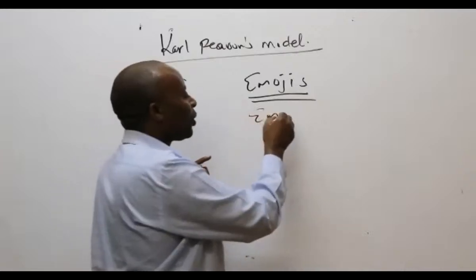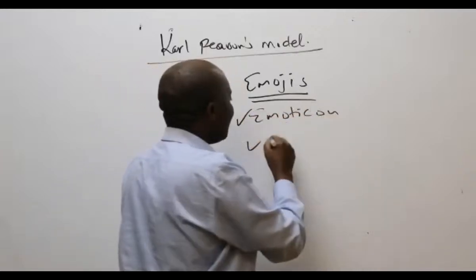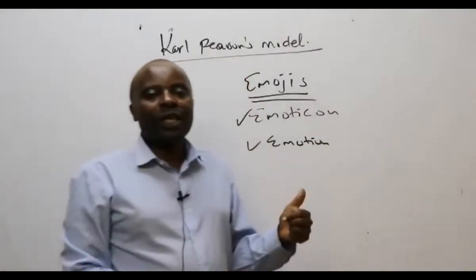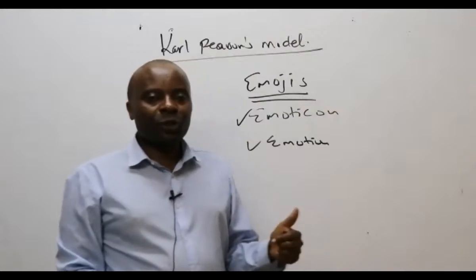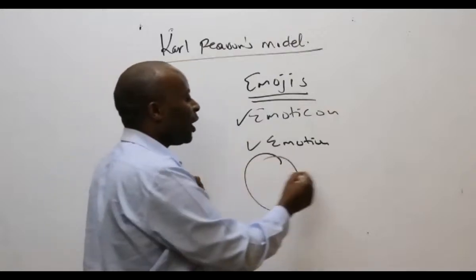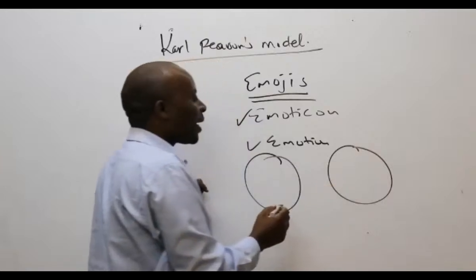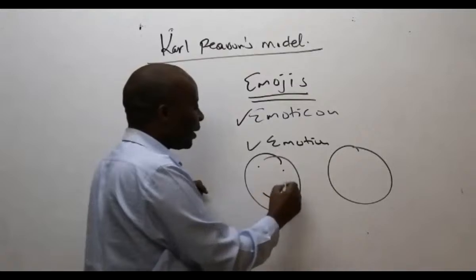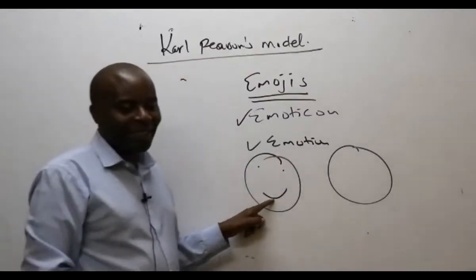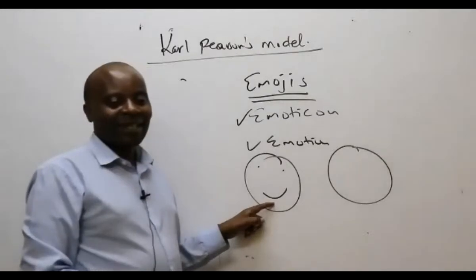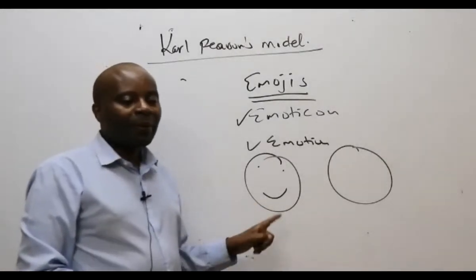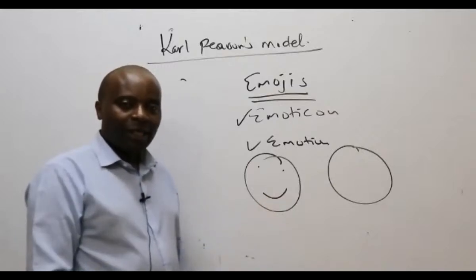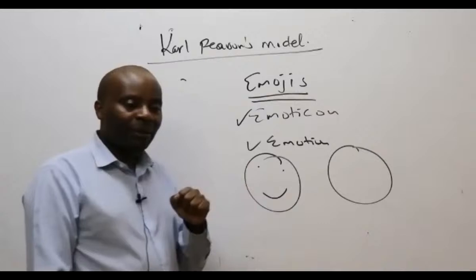Emoji comes from the word emoticon. Emoticon comes from the word emotion. So you need to know how to portray your emotions while you are in a meeting. For example, I can assure you that if you're that student who always smiles, even if you understand nothing, great, you will pass this paper. This paper does not want anger. If you're this kind of student, you just laugh, this paper is yours for grabs.